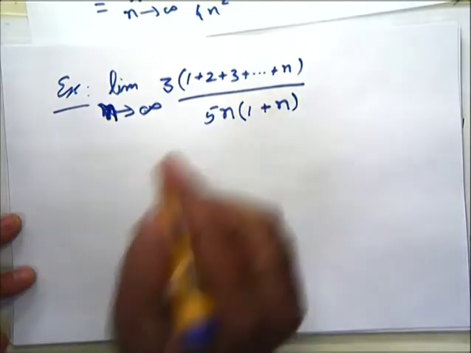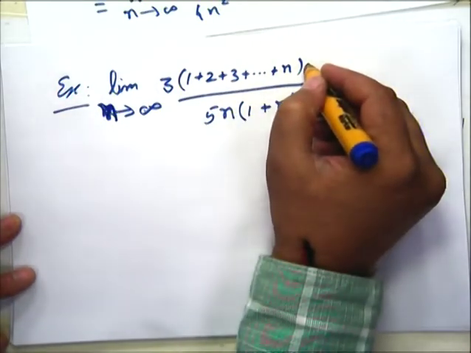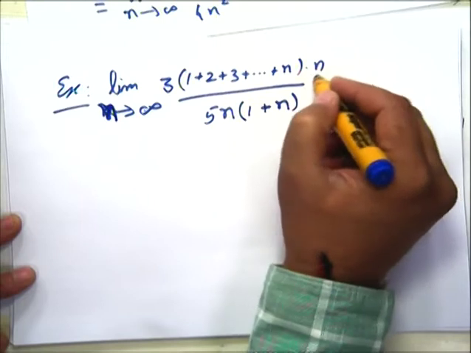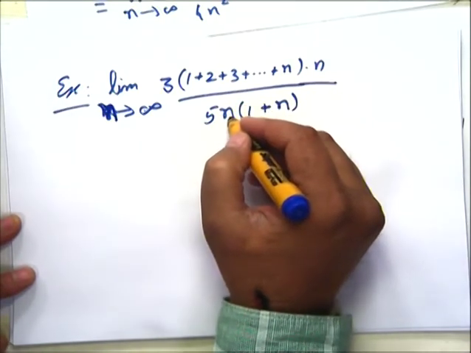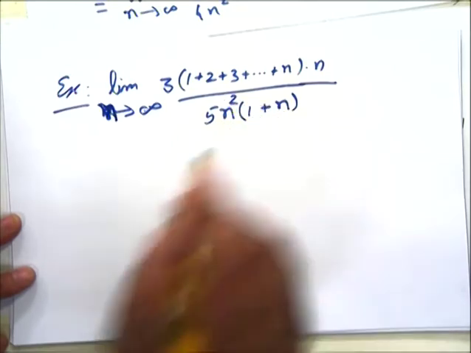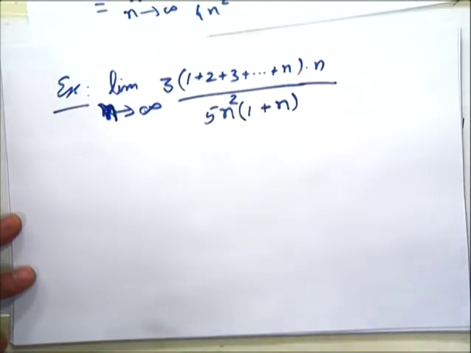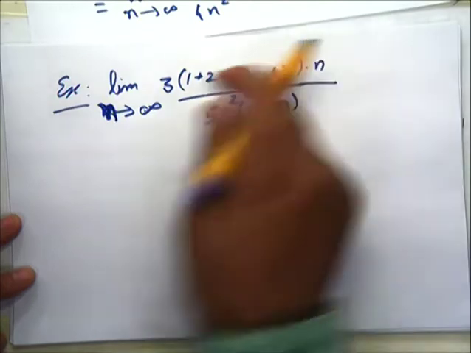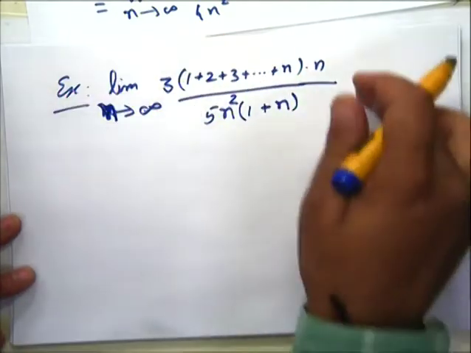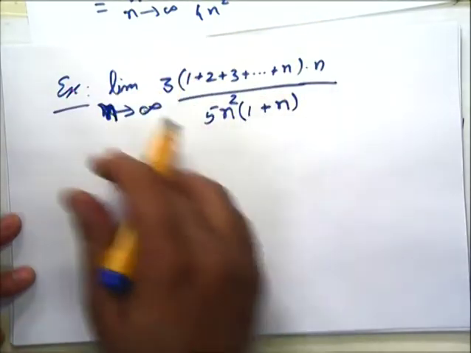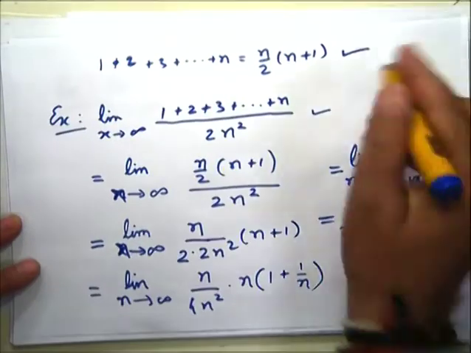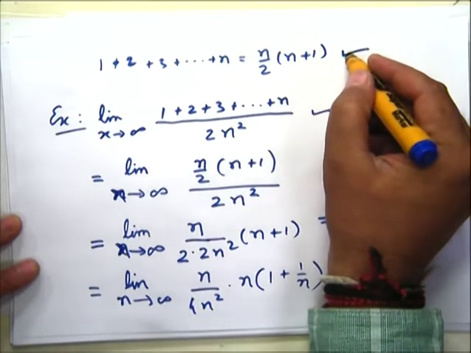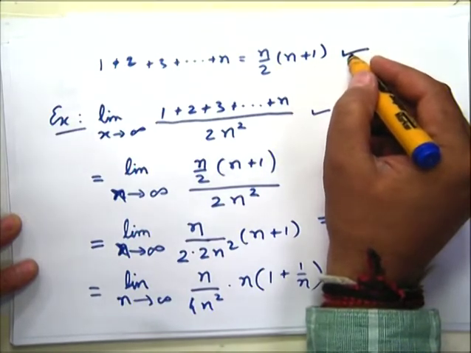If you want to add n in the multiplication, you have to multiply another n in the denominator. I'll write this n square. So this is the example. We have made it independently without any book. If you understand this first sequence, then you can make your own example.